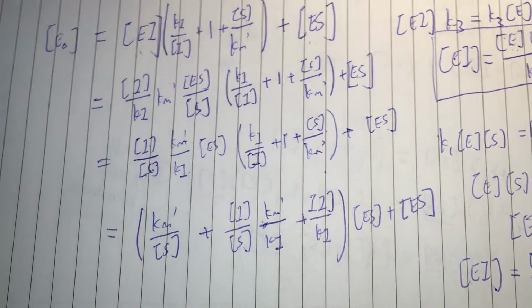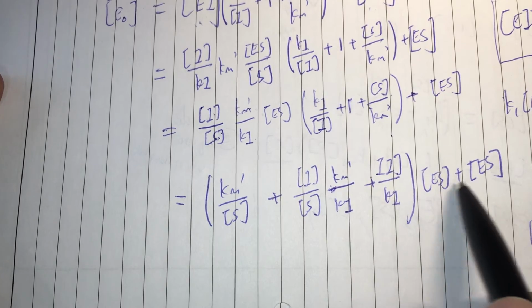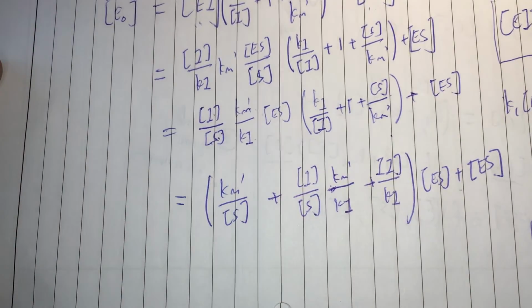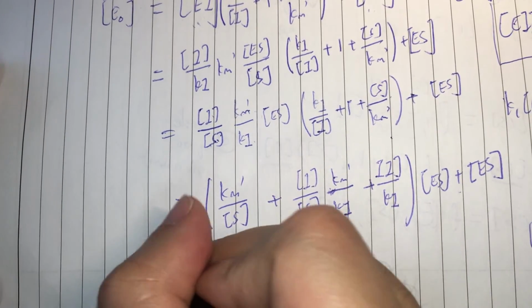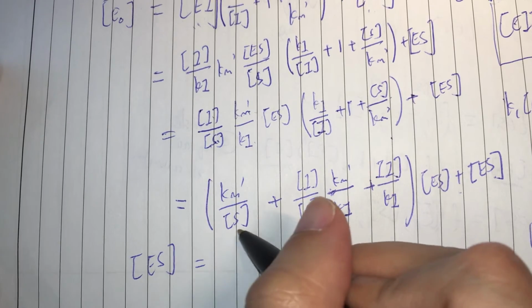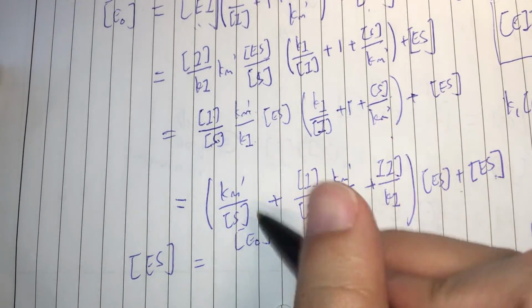Now we can make ES our subject, and we'll just factorize ES out, and we'll bring the whole thing over. Now I'm going to do that in one step. So just watch. So ES equals to E naught. So I have 1 plus whatever this is here.